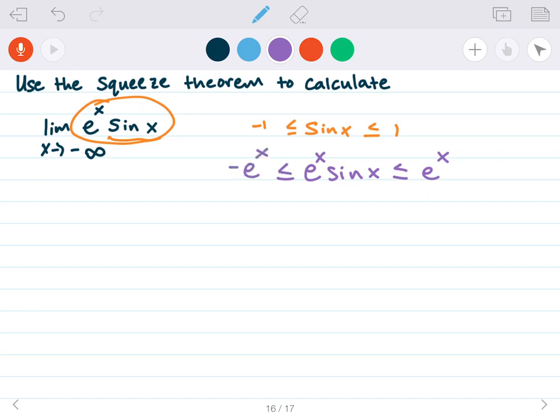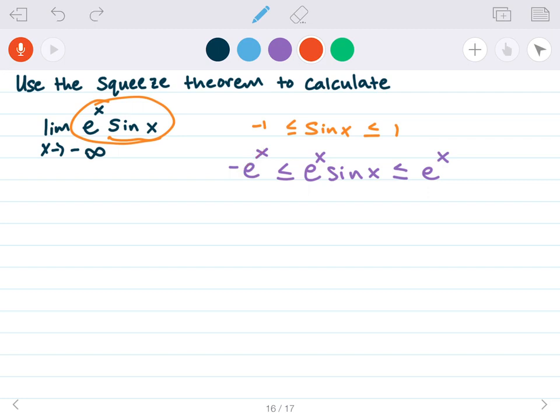Okay? All right, so as x goes to negative infinity, in both of these functions, negative e to the x and e to the x, this thing is going to go to 0. Right?